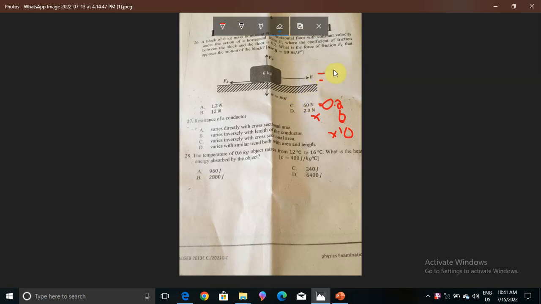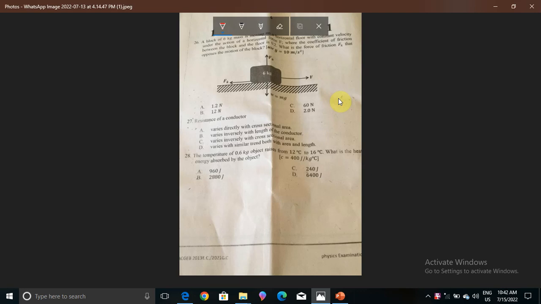Now question number 27, it says the resistance of a conductor: A, varies directly with cross-sectional area; B, varies inversely with length of the conductor; C, varies inversely with cross-sectional area; or D, varies with similar trend both with area and length.